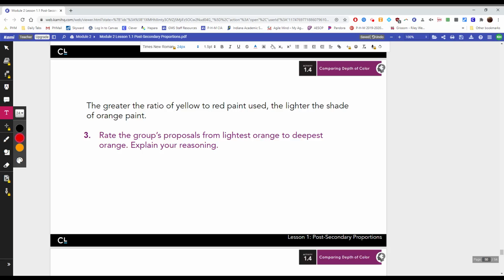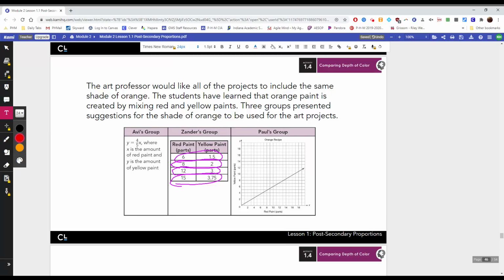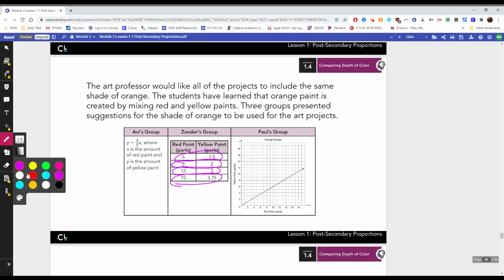So let's first of all figure out that information, and I'm going to go back to right here. So Avi's group was 4/5 was the constant of proportionality in that equation that they gave us, right? 4/5.